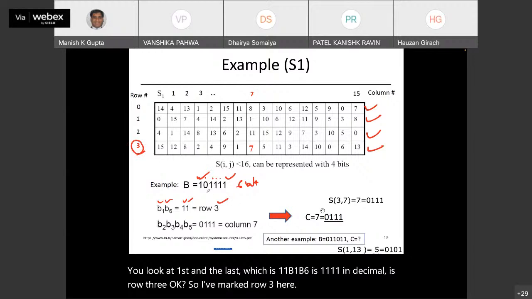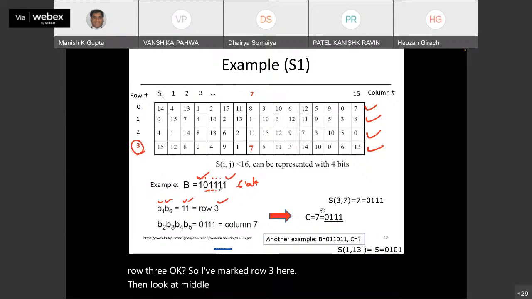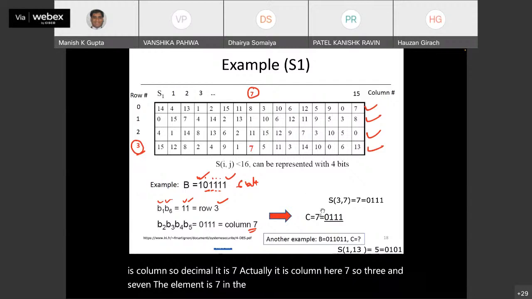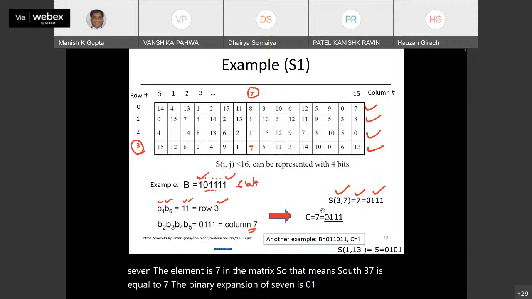Then look at the middle bits 0, 1, 1, 1, B2, B3, B4, B5, which is the column. So in decimal it is 7 actually. It is column 7 here. So for row 3 and column 7, the element in the matrix is 7. So that means S3 is 7. The binary expansion of 7 is 0, 1, 1, 1. So the output is 0, 1, 1, 1.